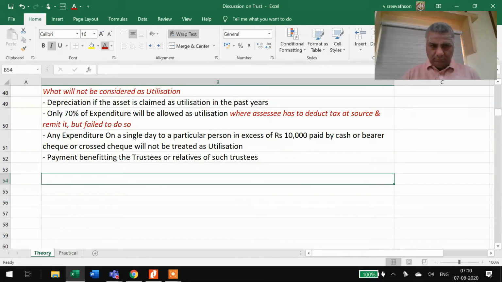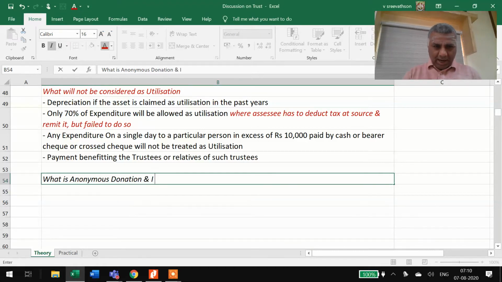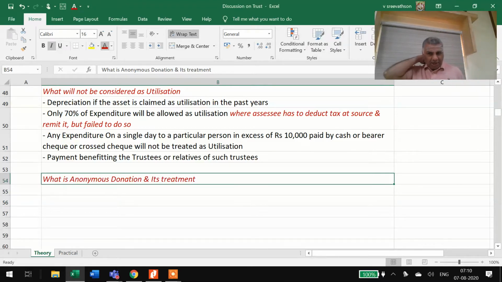What is anonymous donation and its treatment? Sir, whether the balance 30% of expenditure will be allowed in the next year?